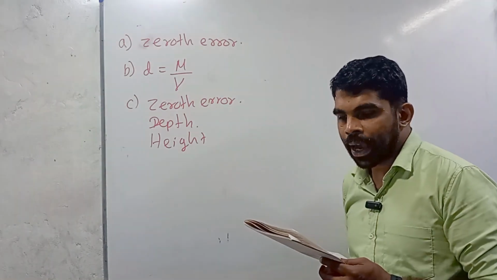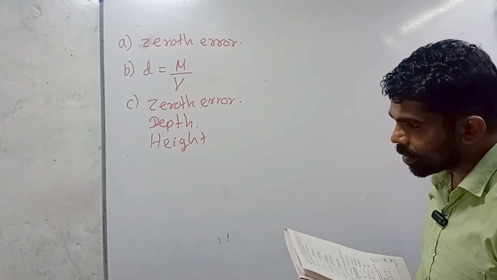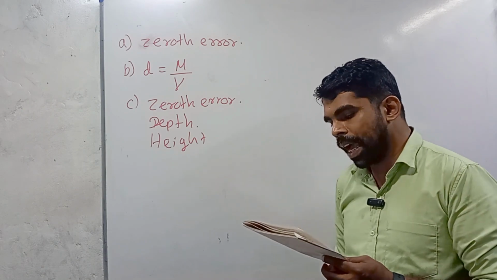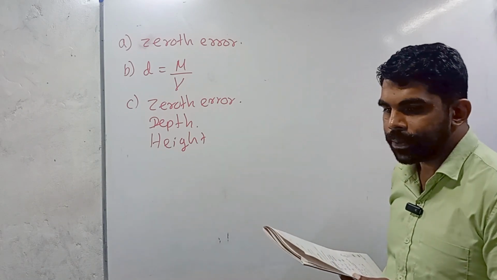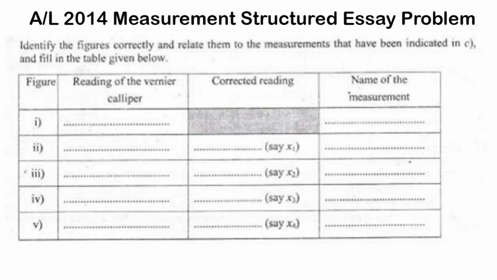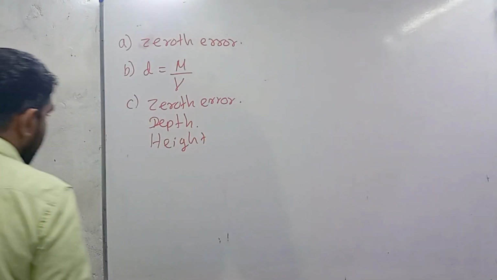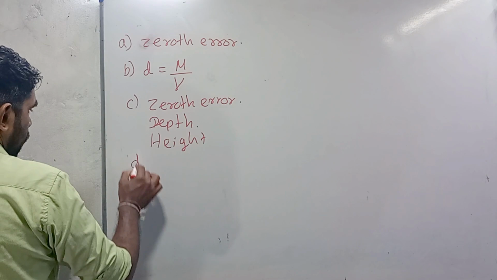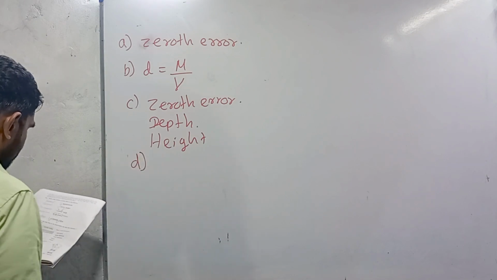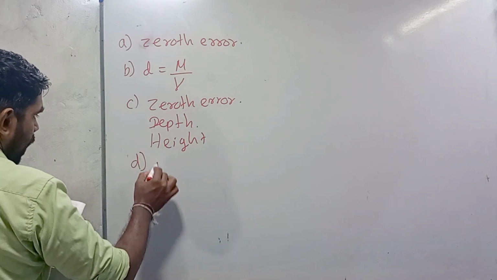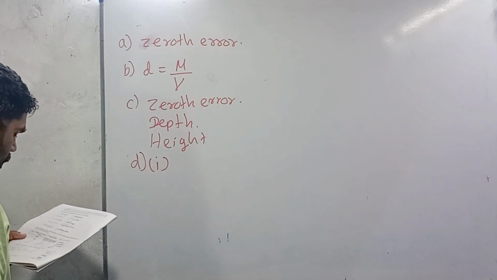On the left hand side they have given the reading of the corresponding scales. Identify the figure correctly and relate them to the measurements indicated in C and fill in the table below. When filling the table, we have to write the value correctly. We can write the answer without calculating.